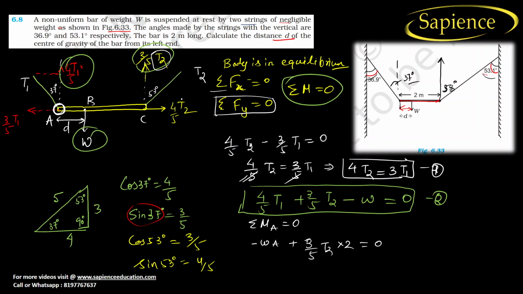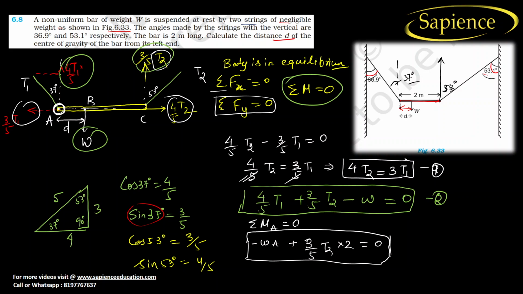Why haven't I taken this force and this force? Because this force is acting on the line of action of the point about which we want to find the torque, so the net torque due to this force will be 0. So from here we have got the third equation. Our motto should be that by using these three equations we can find the solution.